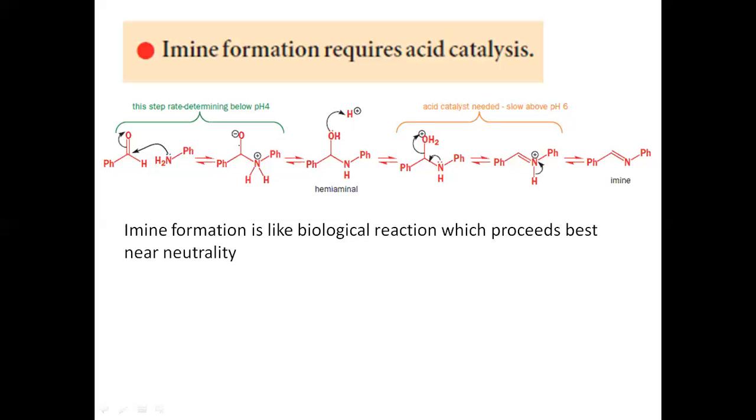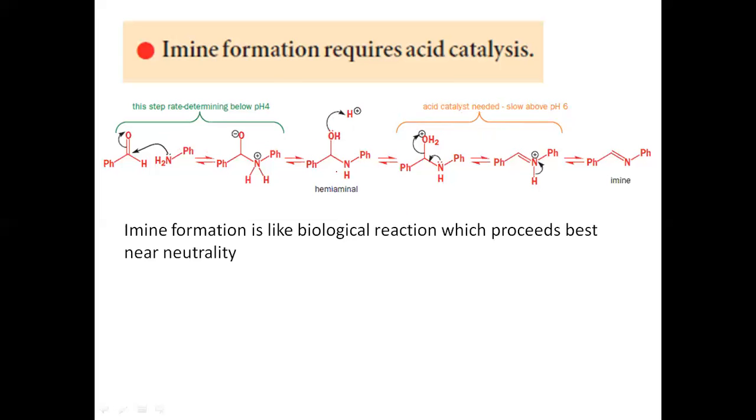So this first half of the reaction proceeds well in the absence of H plus, and this second half proceeds well in the presence of H plus. So this reaction proceeds at its best near about neutrality.